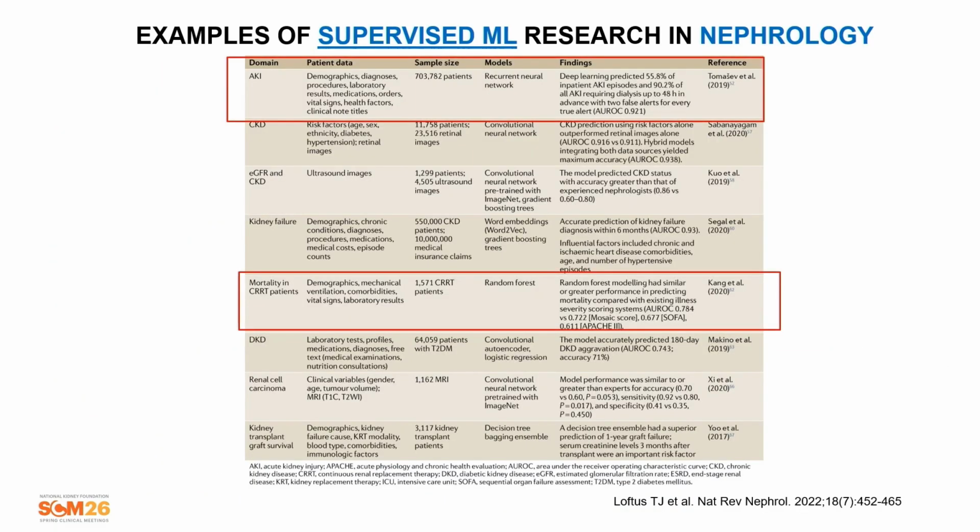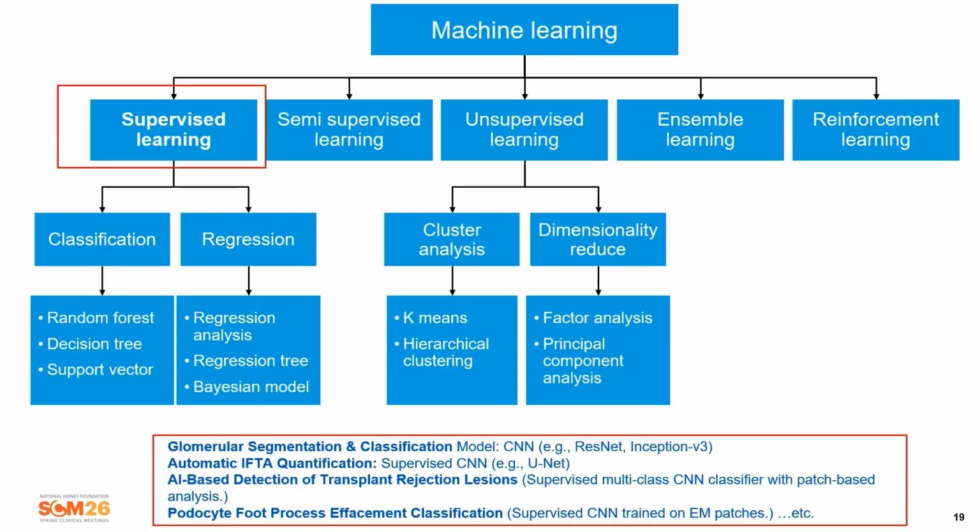And examples of supervised machine learning models, like I showed you, predict acute kidney injury, or CKD: is the patient going to have progression of CKD? Is the patient going to have mortality while on CRRT? These are supervised learning. Also, you may see in the literature glomerular disease diagnosis using machine learning to identify crescents, for example, from the kidney biopsy, or to quantify IFTA or fibrosis.